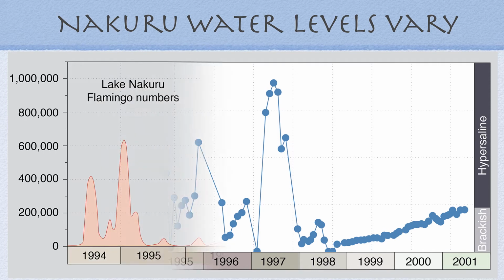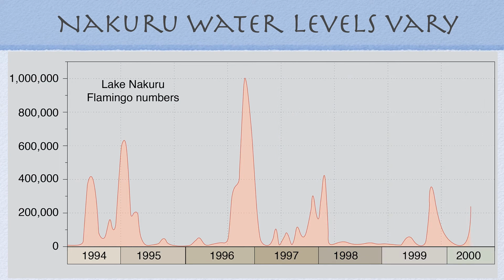And if we look at the numbers of flamingos over those periods, dependent on whether Arthrospira is flourishing in the Nakuru waters or not doing so well, the number of feeding flamingos will fluctuate. So here you can see, for example, in 97, which was a time of quite elevated salinity, Arthrospira numbers were low and the number of feeding flamingos fell.